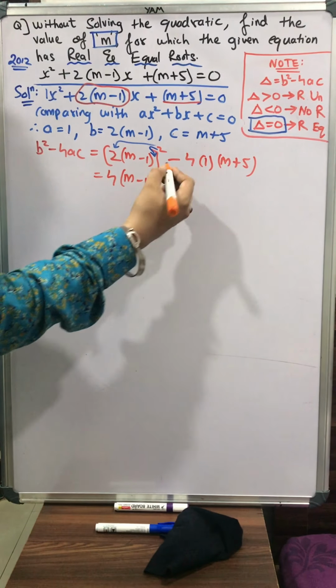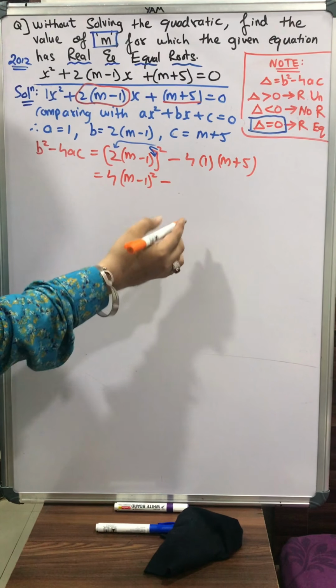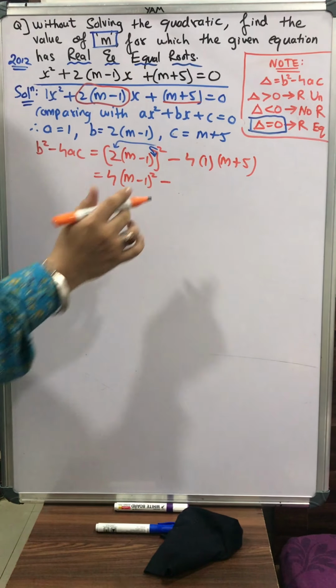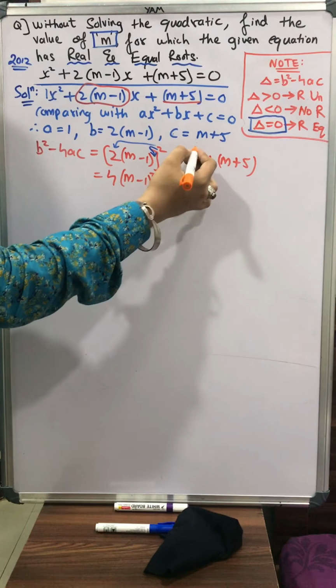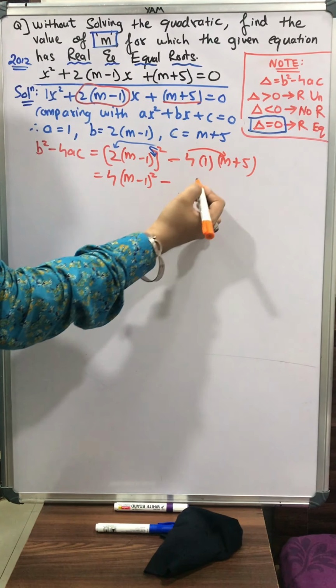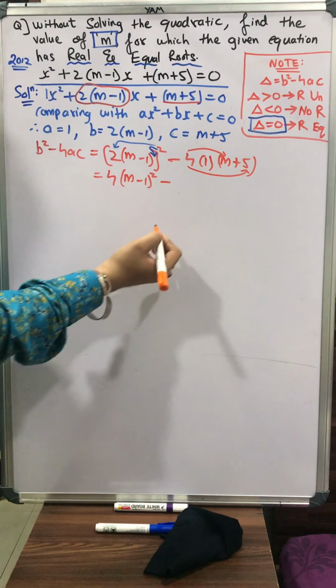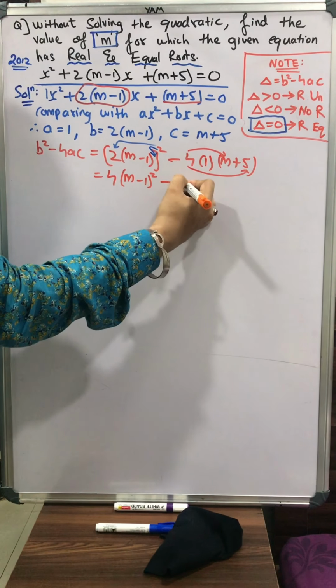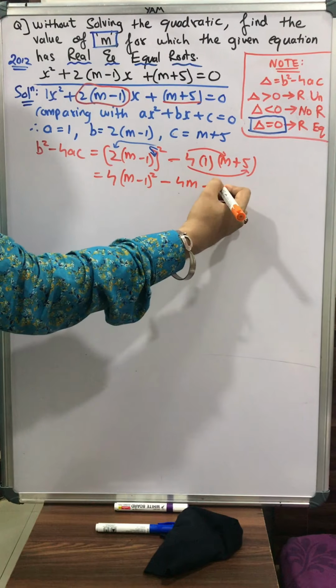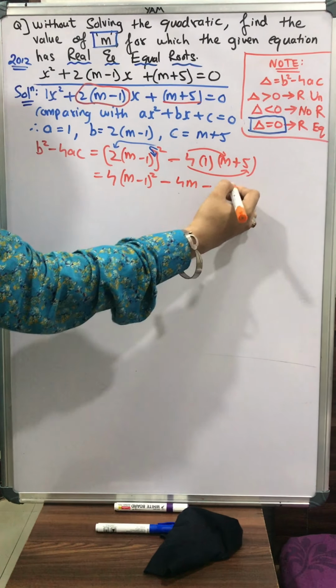So 2 square is 4 and m minus 1 the whole square, minus 4 ones is 4. But we have here minus 4, so when this minus 4 gets multiplied with m, it will become minus 4m, and when this minus 4 gets multiplied with 5, it will become minus 20. So minus 4m and minus 4 into 5 is minus 20.